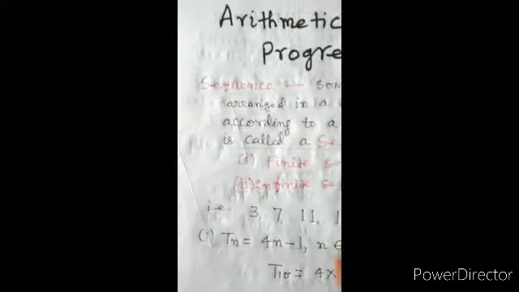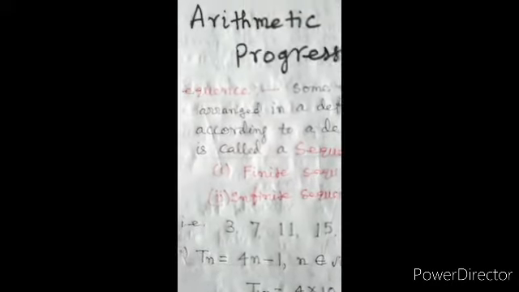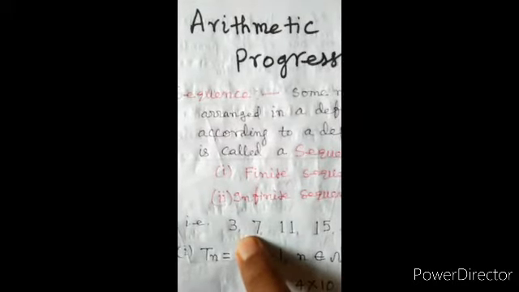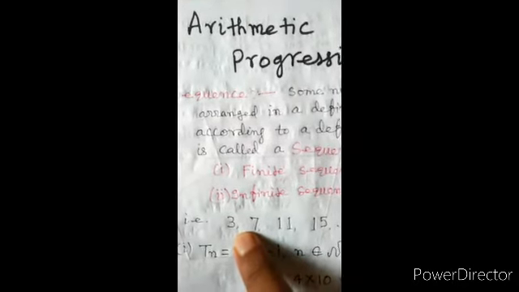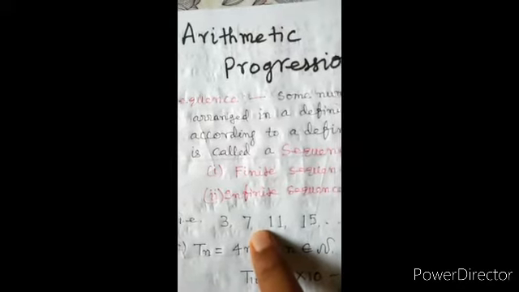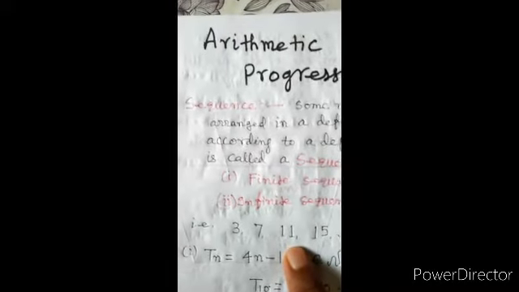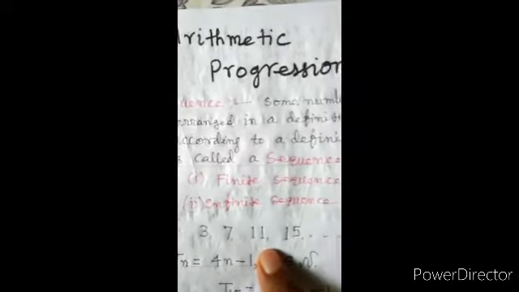See, these numbers form a pattern. When we add 4 to 3, we get 7. Again, when we add 4 to this 7, we get 11. Again, when we add 4 to this 11, we get 15, etc.